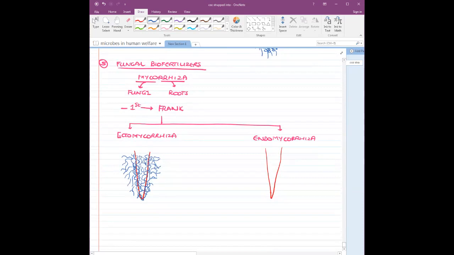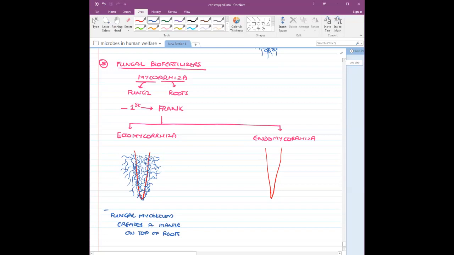Okay, so always remember, first of all, the fungal mycelium, as I just mentioned here, creates a mantle or a jacket on top of the roots.